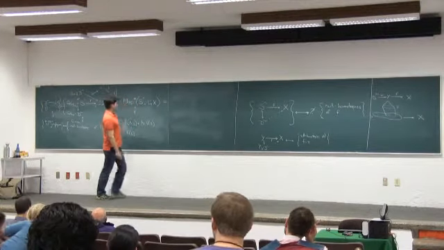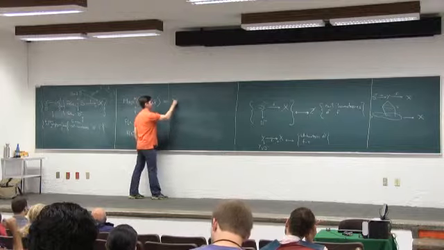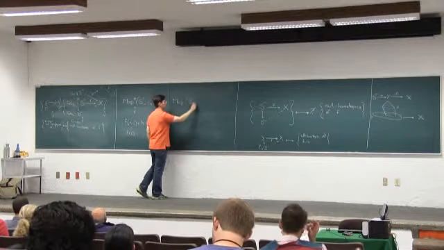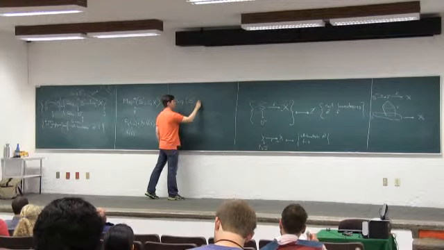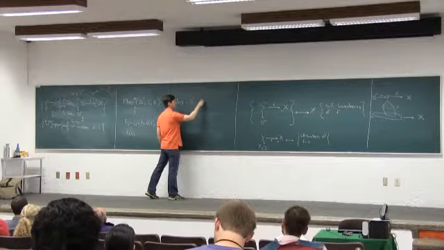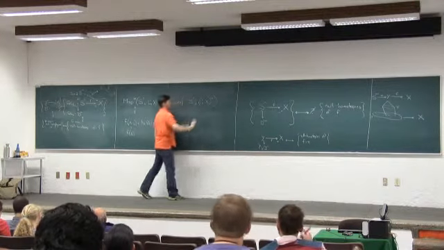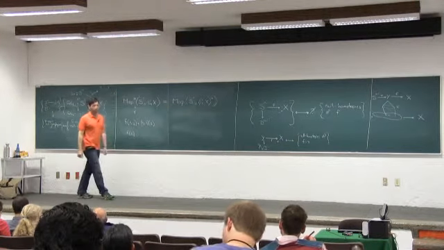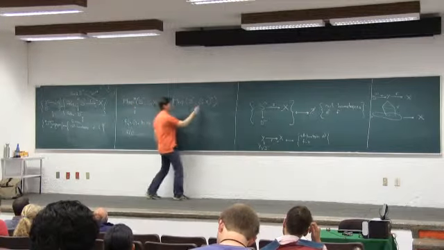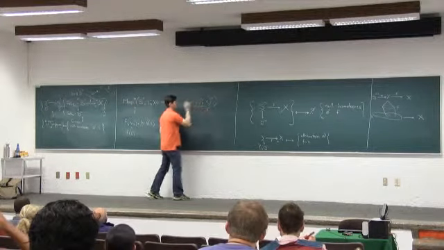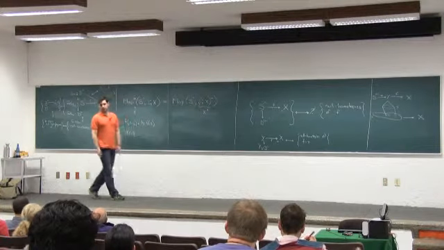So the space of equivariant maps is the same as the space of non-equivariant maps from the n-sphere into the fixed points of X. I'm never going to write the upper star when I talk about fixed points, so I'm just going to write this as the H fixed points of X from now on.